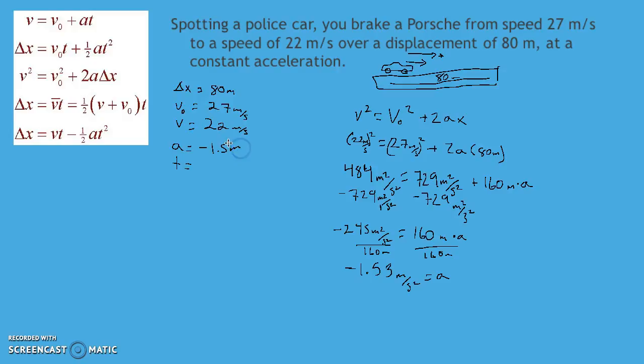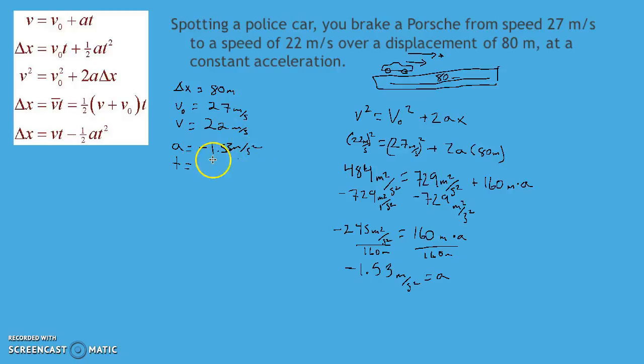Okay, and that opens up opportunities to find time using either of these two equations. Or you could actually use this one too, this fourth one right here. Okay, my recommendation, you can use any of them. When possible, it's good to avoid using a value that you had to round, because that introduces error.